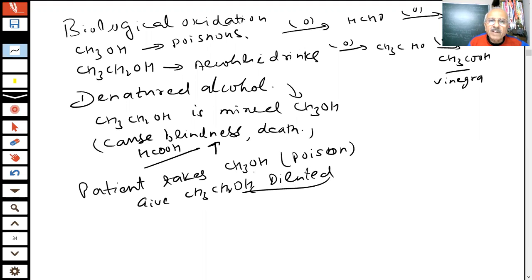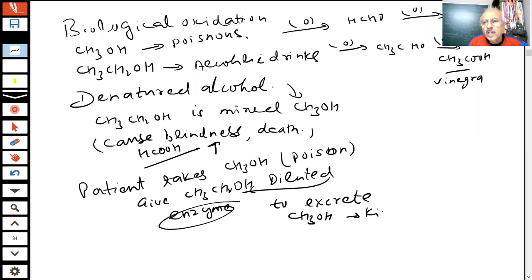Because then in the body, oxidation of ethanol will take place instead. The enzymes inside the body that oxidize methanol will be busy oxidizing ethanol. So there will be time to excrete methanol through the kidney, and medical doctors will remove it.